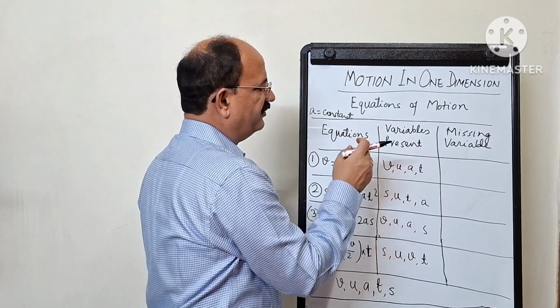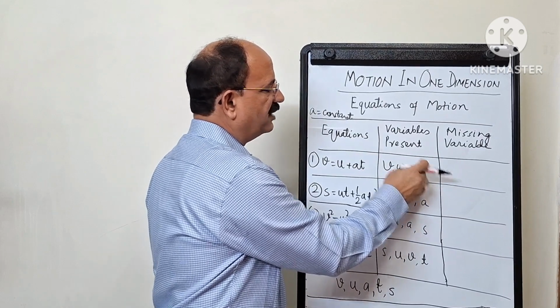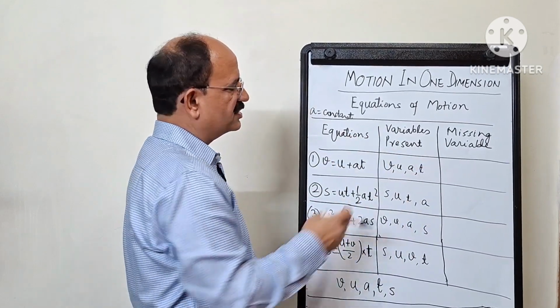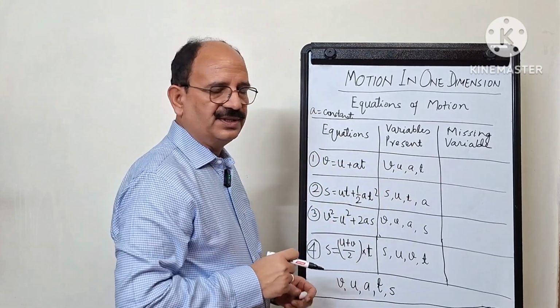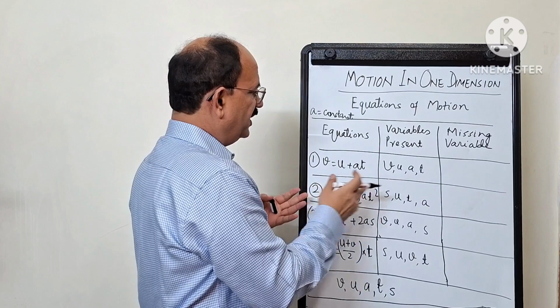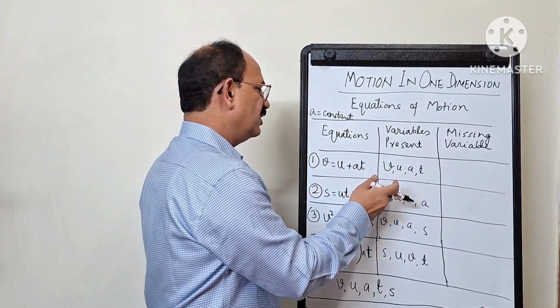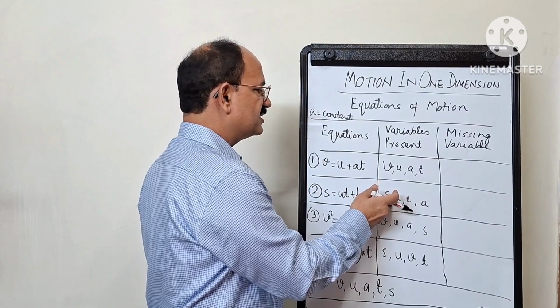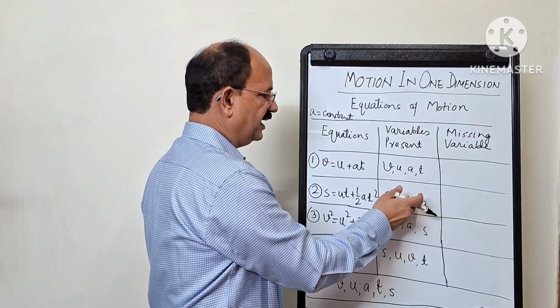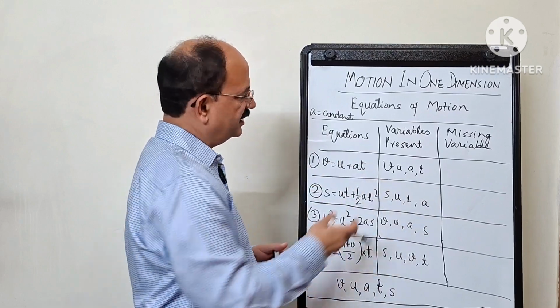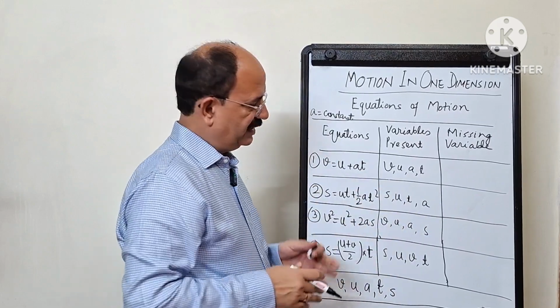So 3 are given variables and the variable to be found is t. Then you can use this equation. Likewise, if in the problem statement you are given the displacement s, acceleration a and t, and u is to be found out, then you can use this equation.